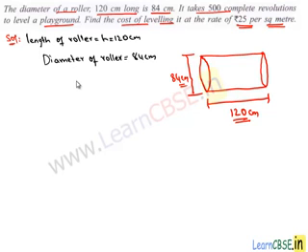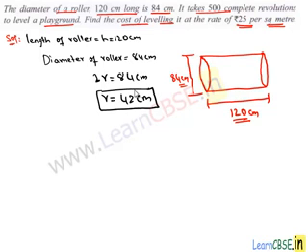And diameter is equal to 2 times its radius, and it is equal to 84 centimeters. Therefore the radius of this roller is 42 centimeters. So using these two we can find the cost. To find the cost, we are given that the roller takes 500 complete revolutions to level a playground.